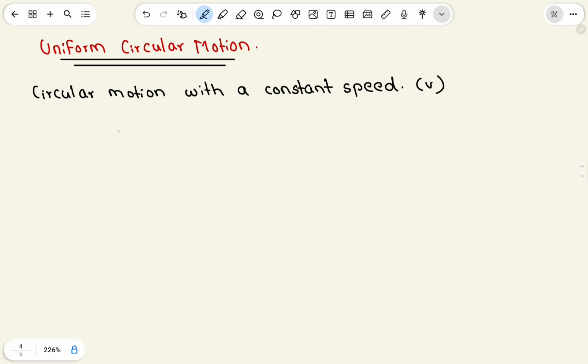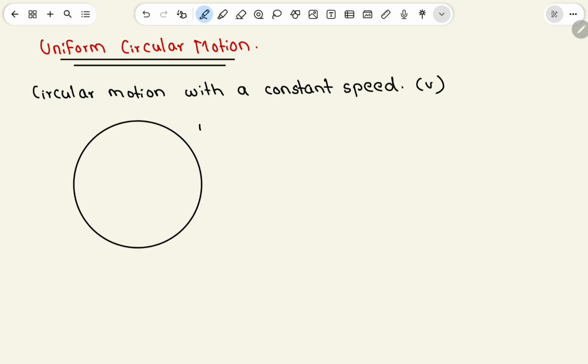Now let's say this is our circular path. The velocity is always going to be tangential, so we are considering anti-clockwise circular motion. So these are the directions of v at all the points.